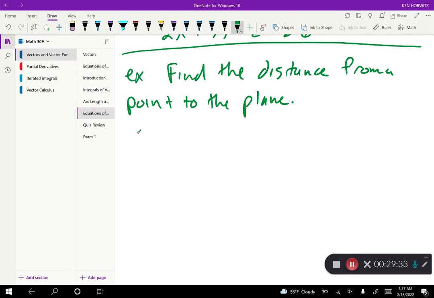So I'm going to say my point is S, 1, 1, 3, and my plane is 3x plus 2y plus 6z equals 6.